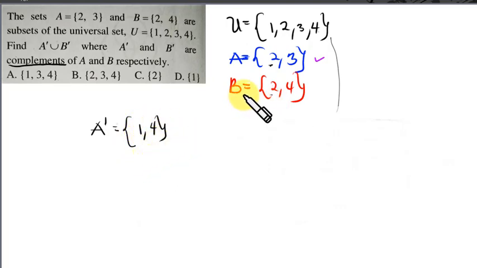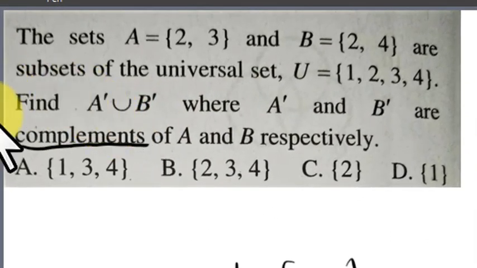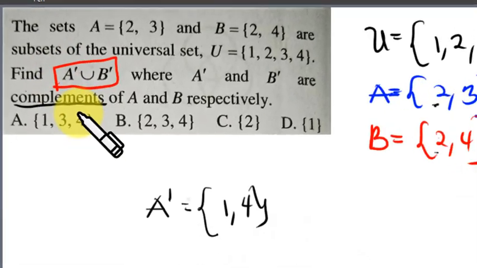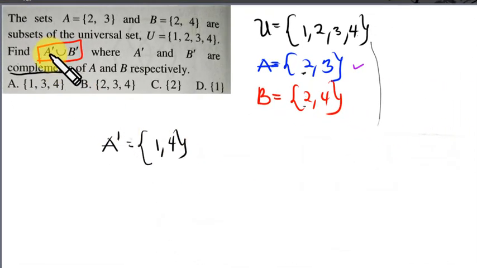And the set B has elements 2 and 4. So we want B complement. Of course, the question says we are to find A complement union the B complement. So first we have to find our A complement. Then after that, we find the B complement before we can find the union of the two sets. So B complement, of course, we have the set B here, that is 2, 4.